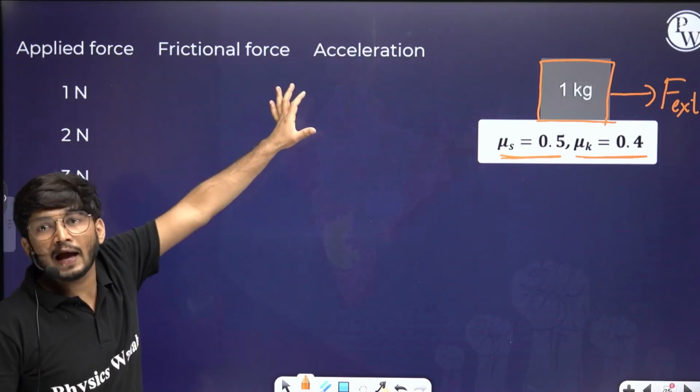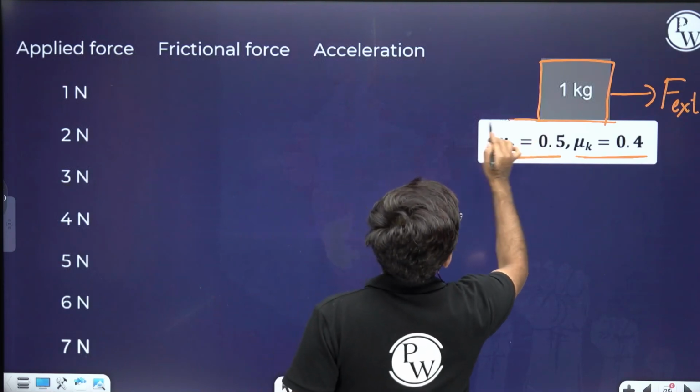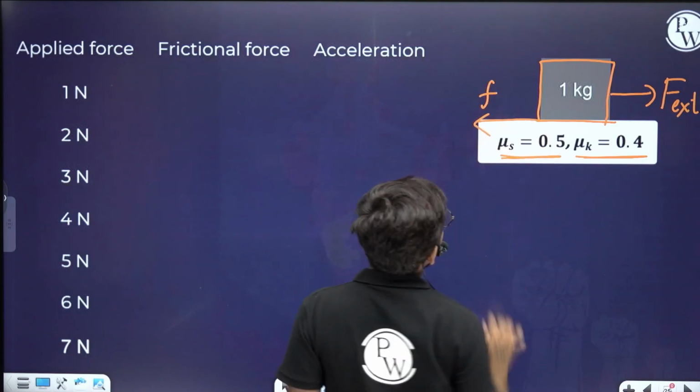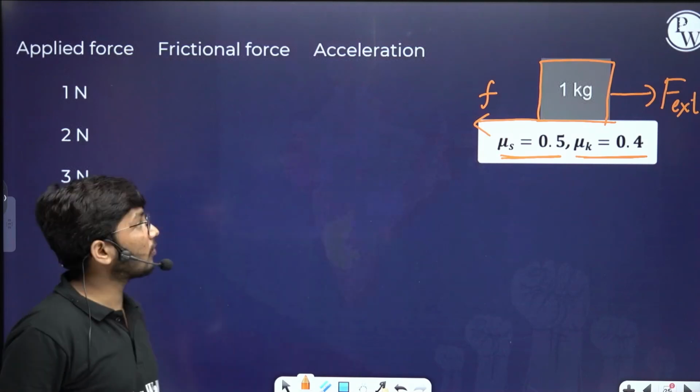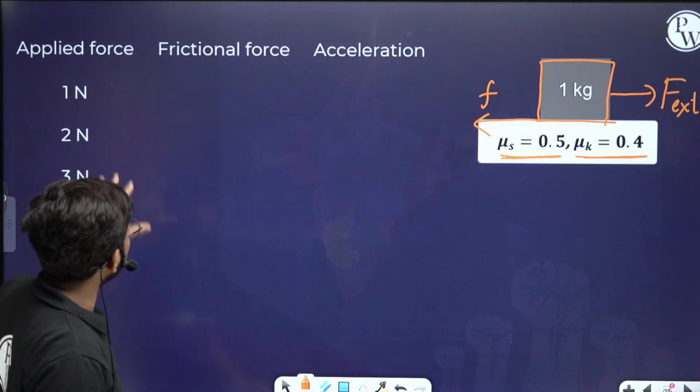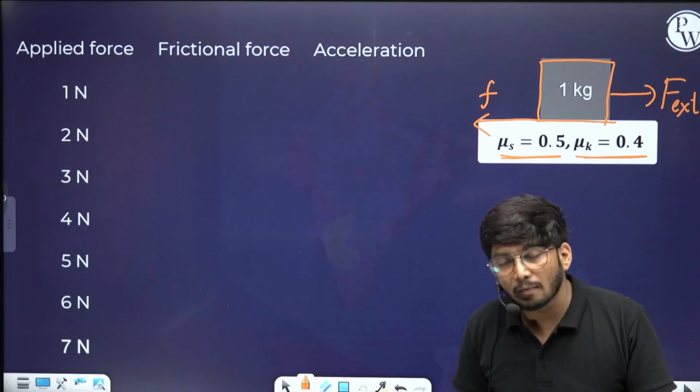So you need to calculate the frictional force acting on this one, what type of frictional force it is, and what is the value of that frictional force. Let us calculate everything. When I apply a 1 Newton force, is the block going to move?